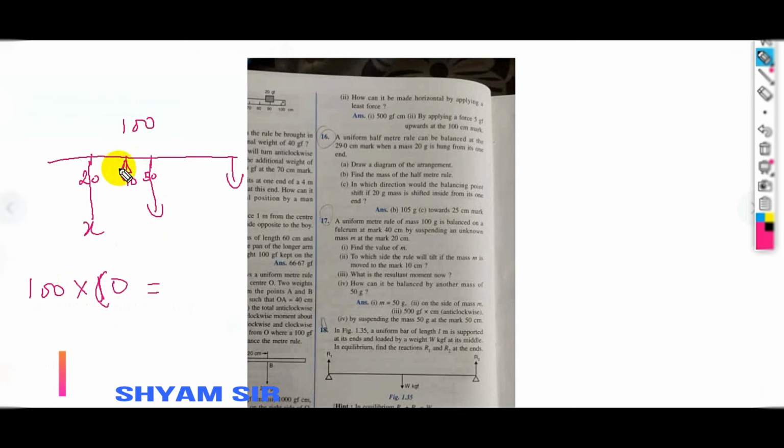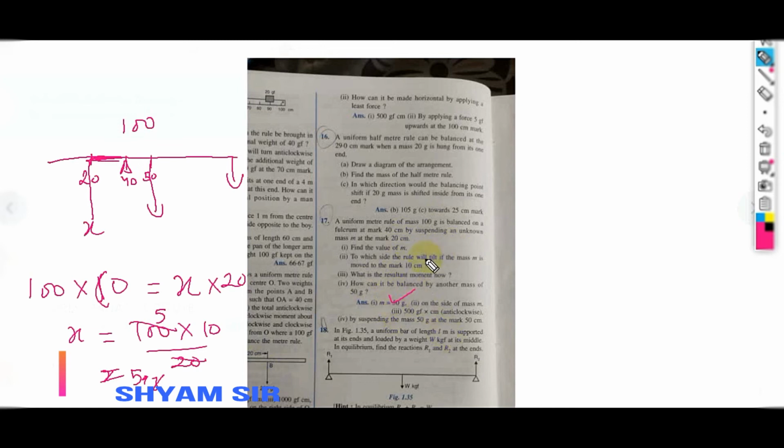This is equal to the mass, let it be x, into 40 minus 20, which is the distance, so 20. So x is equal to 100 into 10 upon 20, which is 50 gram. Just check it, see, 50 gram.